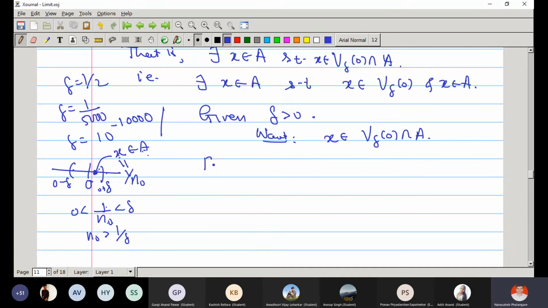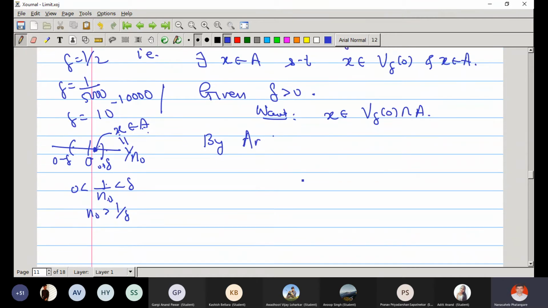So by the Archimedean property, there exists a natural number n naught such that n naught is greater than 1 by delta.